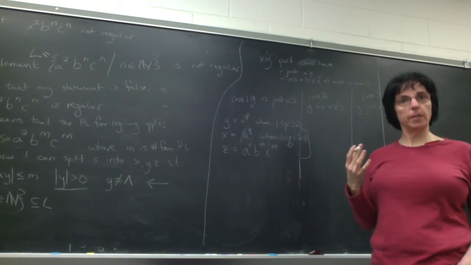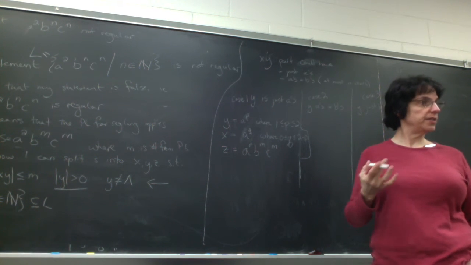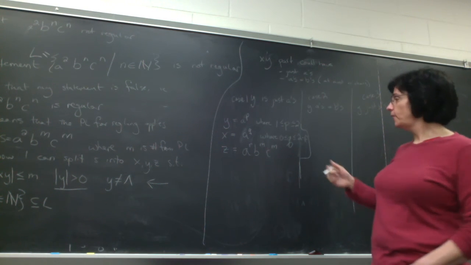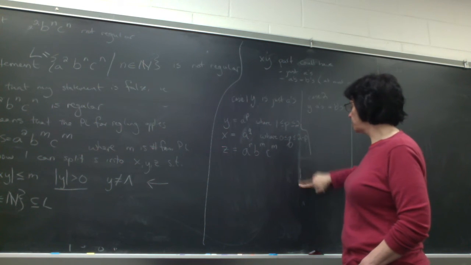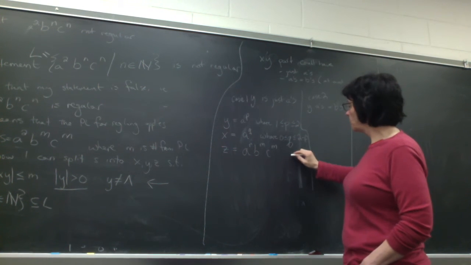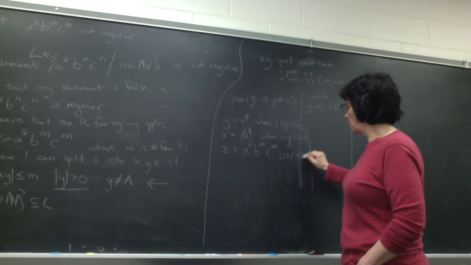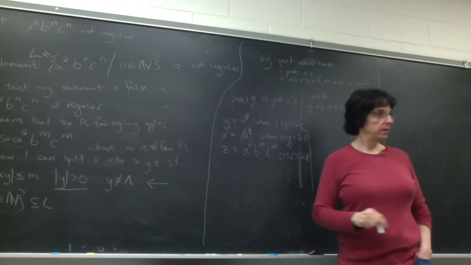You guys with me? I'm just thinking about what does x look like, what does y look like, what does z look like? What does z look like, a to the r minus a to the q? So the question is, how big is r? We already know m, but r is going to also be between 0 and 2 minus p. Does that make sense?